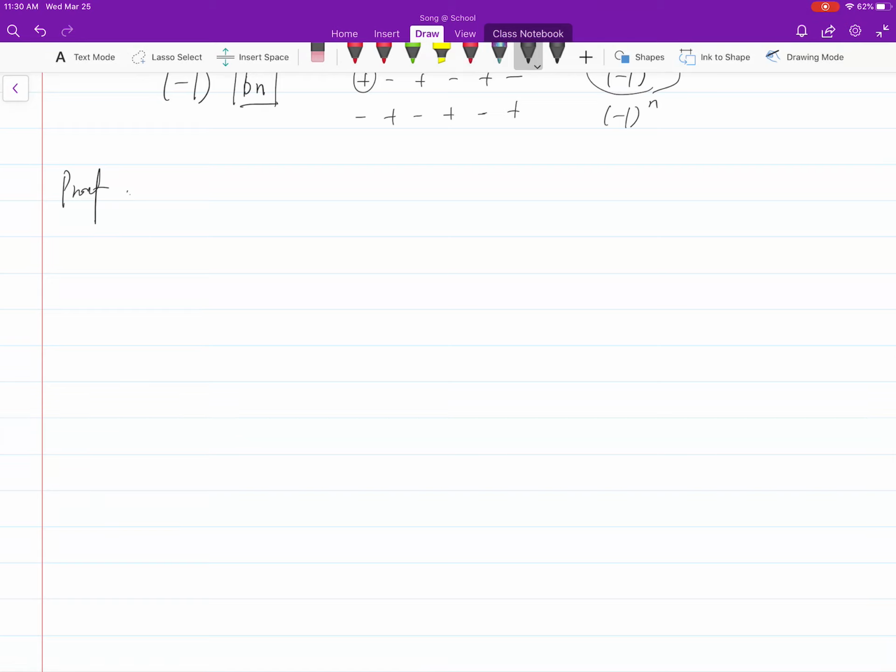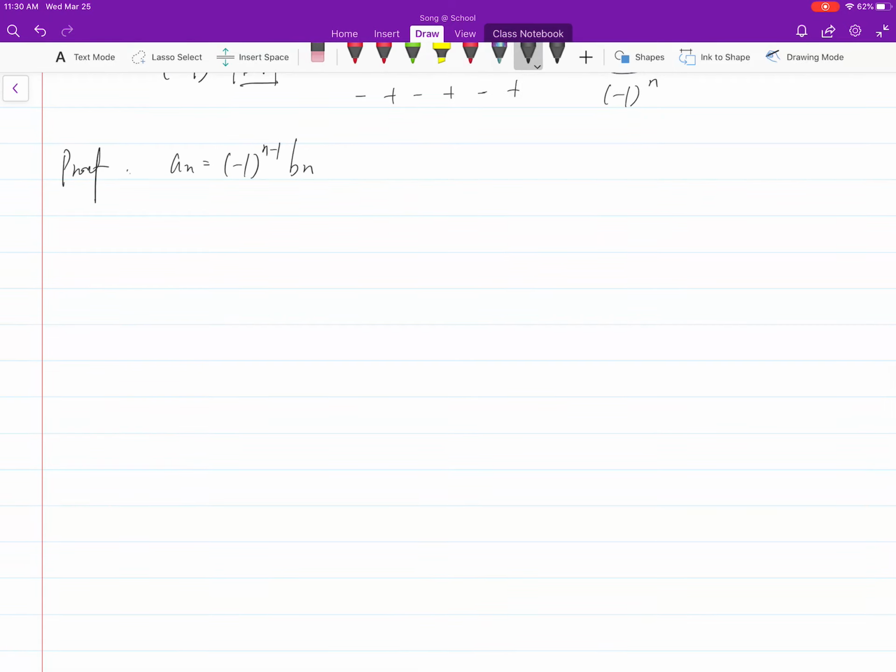So, recall, we have an equals this. We do have another case, which is (-1)^n, but the ideas will be similar. You just throw away the first term, and they become similar. So for simplicity, I will just focus on this one.